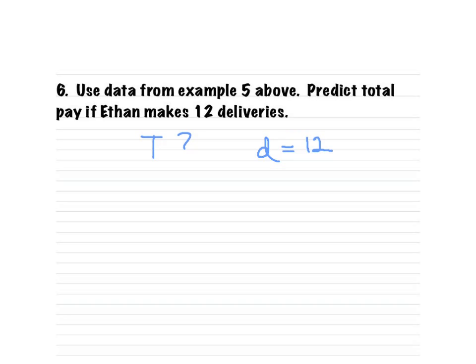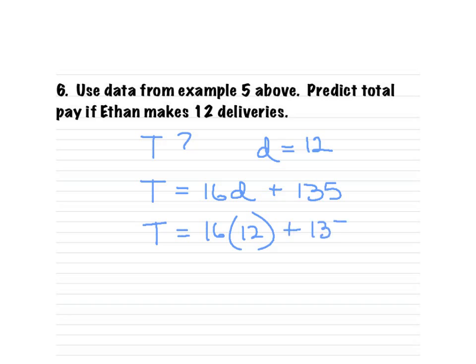Okay, let's recall the equation was total salary for the week equals 16 times D plus a base salary of $135. So now let's substitute 12 for D. His total pay equals 16 times 12 plus 135.